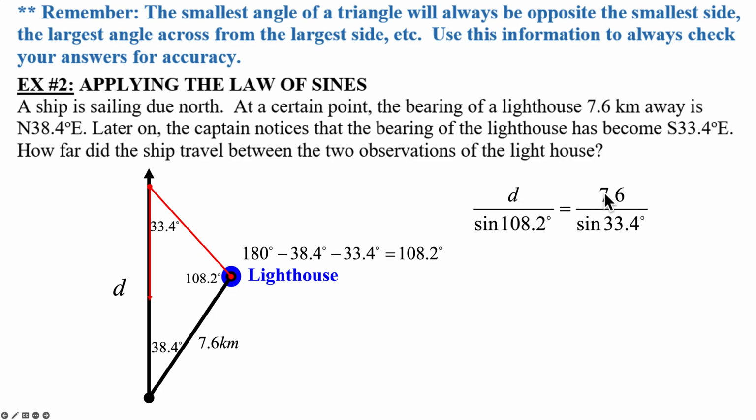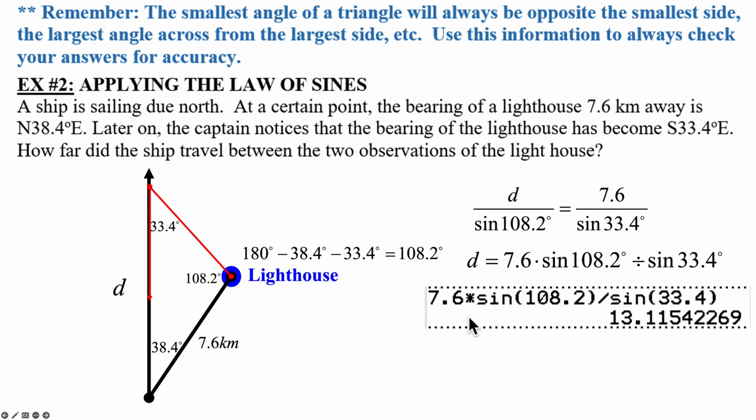D equals, cross multiply the two you can, 7.6 times the sine of 108.2 degrees divided by the third value, sine of 33.4 degrees. We go to the calculator, we enter it in, we have our answer, 13.11522269. Okay, rounded to one decimal place, approximately 13.1 kilometers.